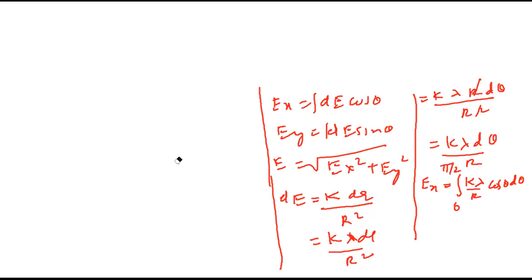Yes, done till last line. So Ex is k lambda by r cos theta d theta. Limit of integration will be from 0 to pi by 2. So I'm finding what is Ex, Ey, then taking Pythagoras theorem. So Ex becomes k lambda by r, integration of cos theta is sin theta, limit 0 to pi by 2.